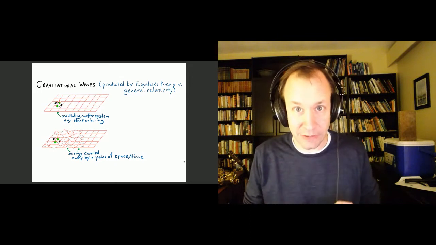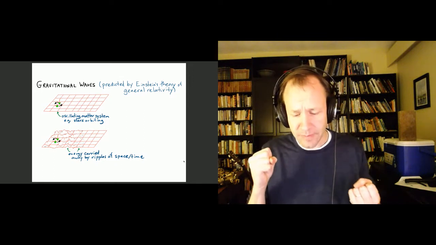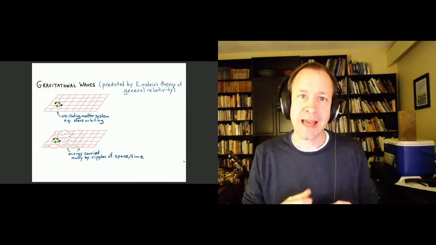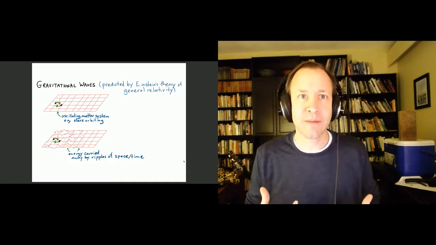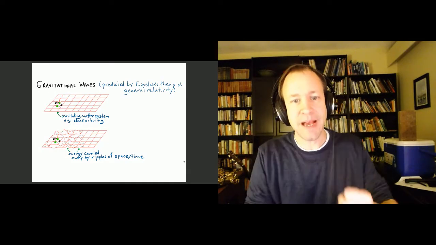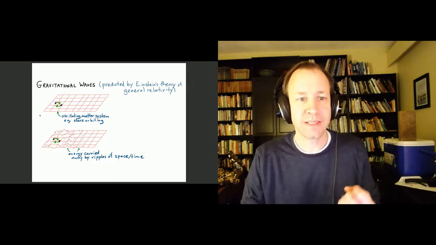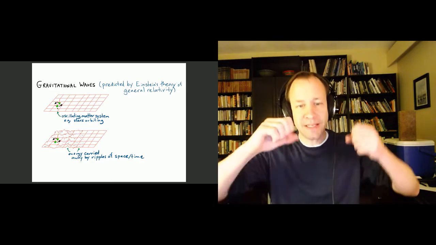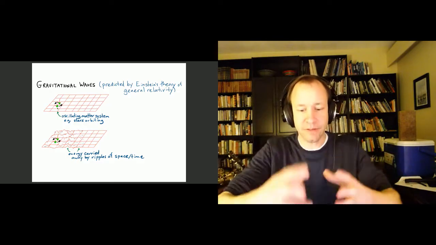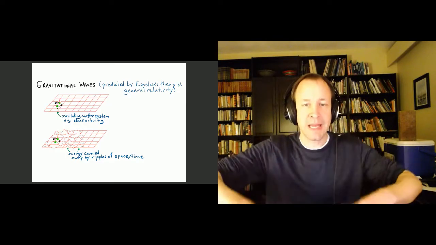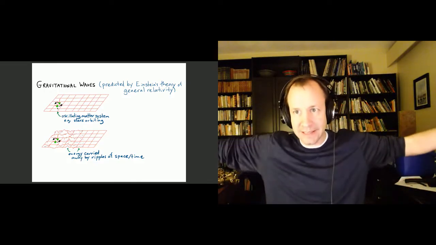And so the way that you get these waves is you drive an oscillation. For example, you could have an oscillating matter system like 2 stars orbiting one another. So in this oscillating matter system, that sort of causes the space around the stars to start rippling. And then there's a wave that is traveling outward.